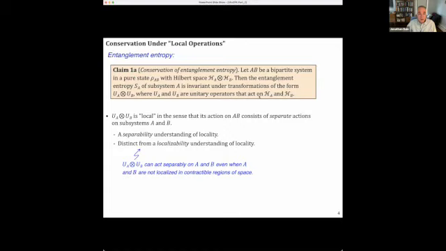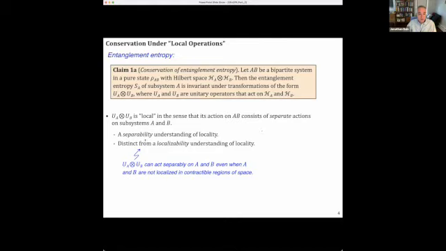UA acts non-trivially only on degrees of freedom associated with subsystem A, and UB acts non-trivially only on degrees of freedom associated with subsystem B. And this seems to be a separability understanding of the notion of locality associated with the term local operation.